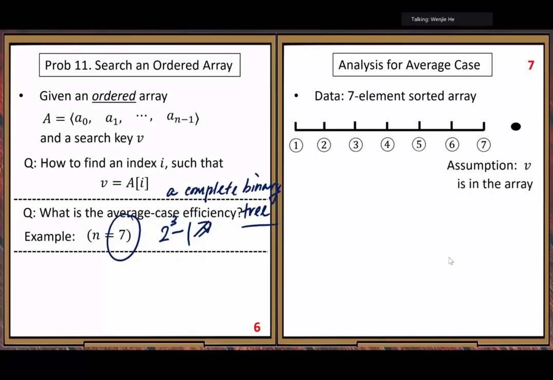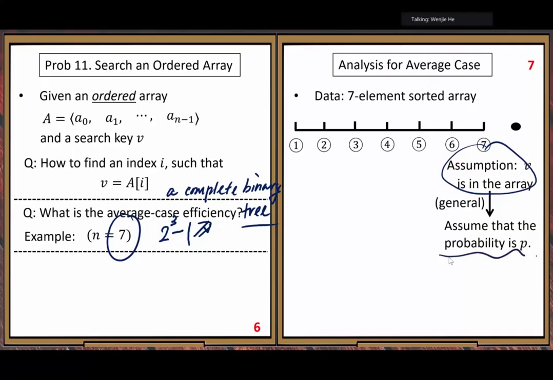The first comparison, we compare V with node 4. Here we need to make a simple assumption. We assume V is in the array. If V is not in the array, then we can use probability P. But here we don't want to go that direction.